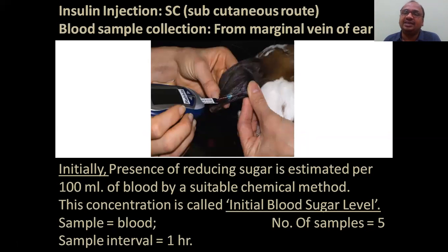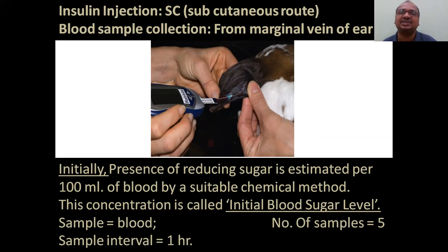And how do you give the insulin injection to the rabbit? By the subcutaneous route. It is the same in humans, who take a small needle injection. For blood sample collection, whenever you are checking the blood sugar of a rabbit, take the ear. You have to catch the marginal vein of the ear.